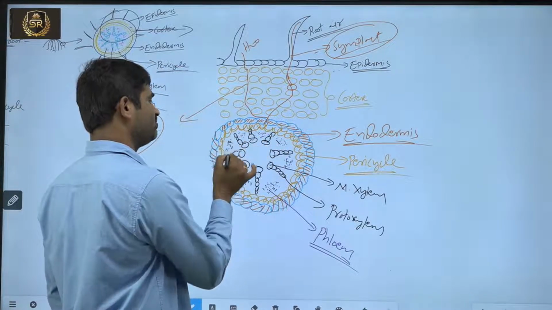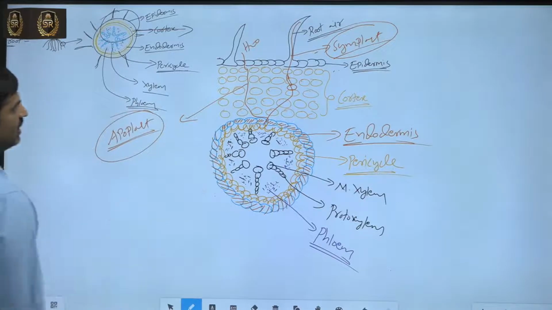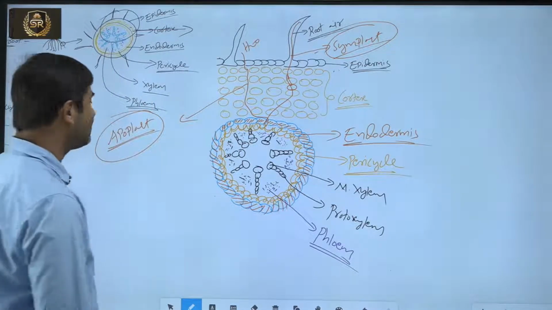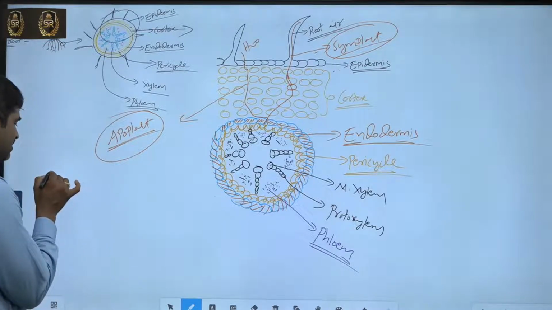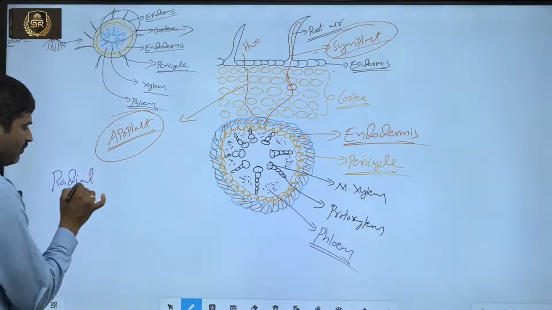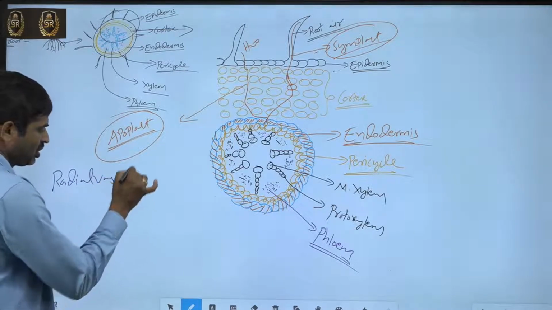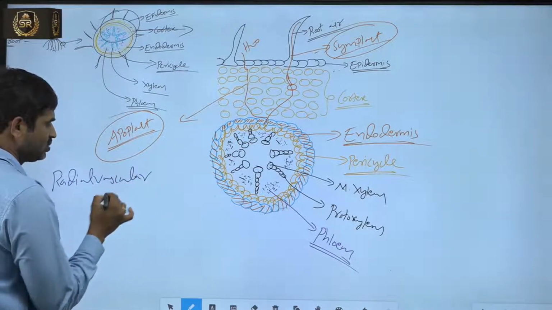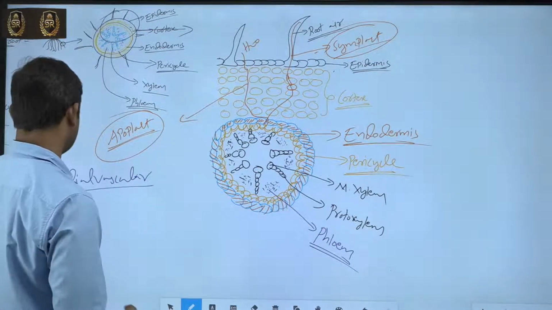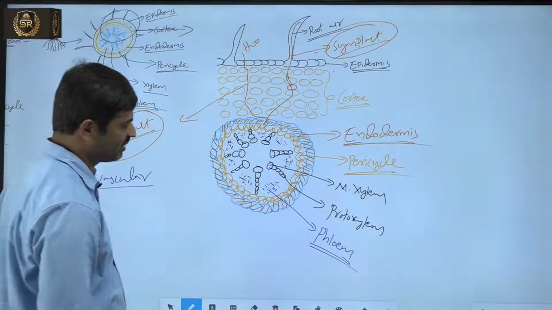Phloem, xylem, phloem, xylem, arranged in one particular sequence, and this vascular bundle is called a radial vascular bundle. What type of vascular bundle? Radial. Another name is alternate vascular bundle.